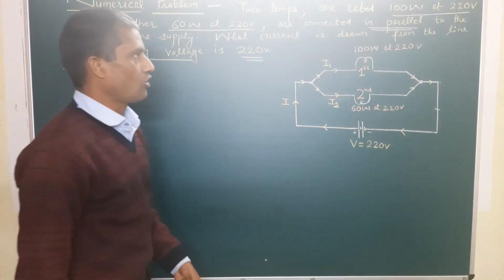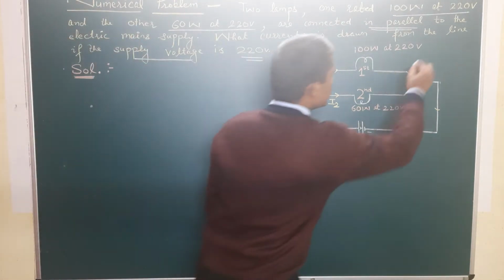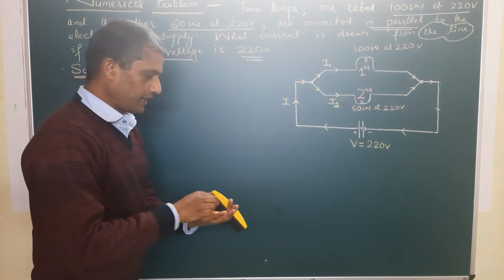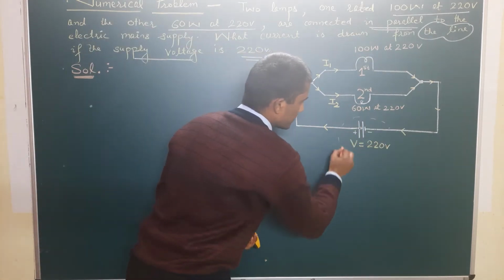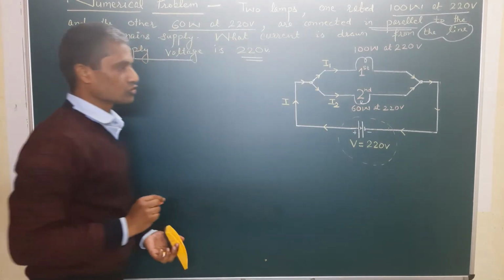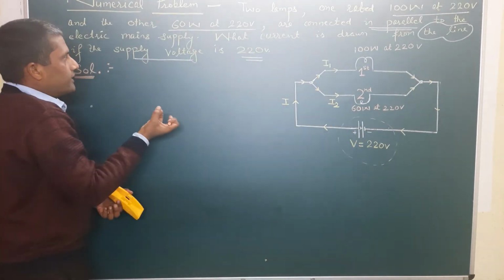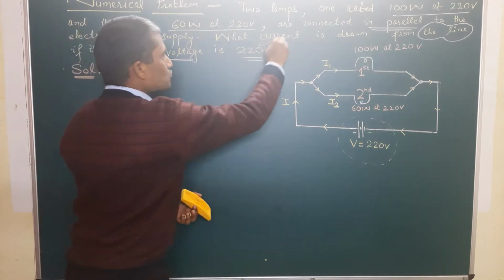What current is drawn from the line? From the line means from the source here, the main supply line. What current is being drawn from the line if the supply voltage is 220 volt?